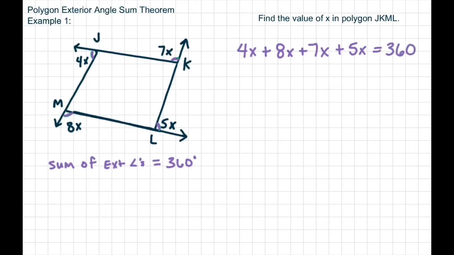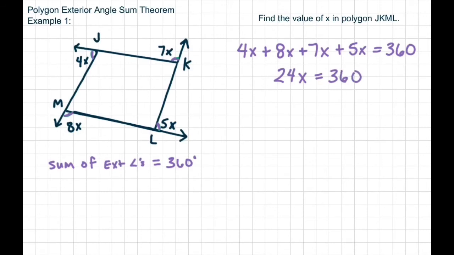Now I can combine my like terms. I'm going to add all of those numbers together: 4 plus 8 plus 7 plus 5 gives me 24. So I end up with 24x equals 360.